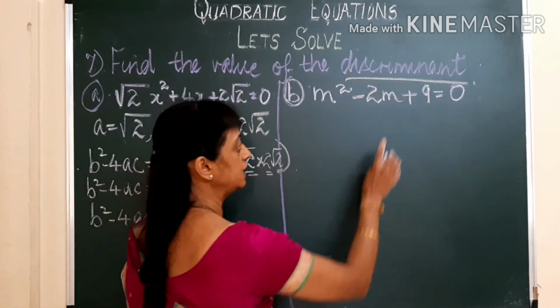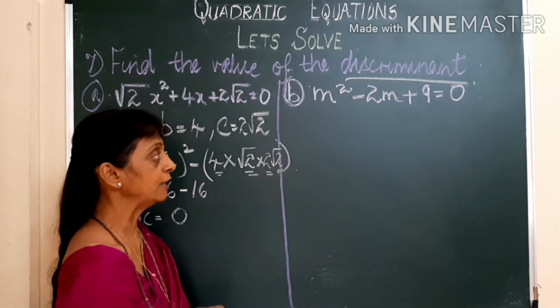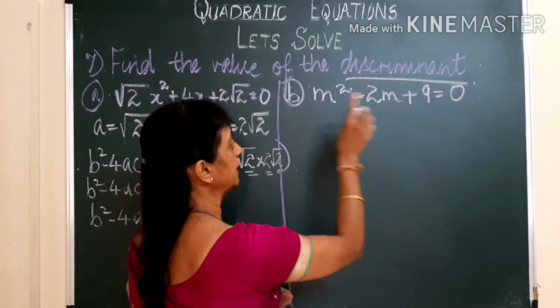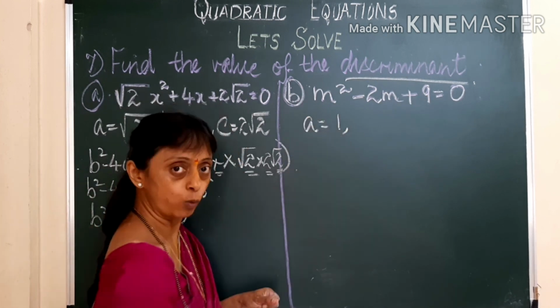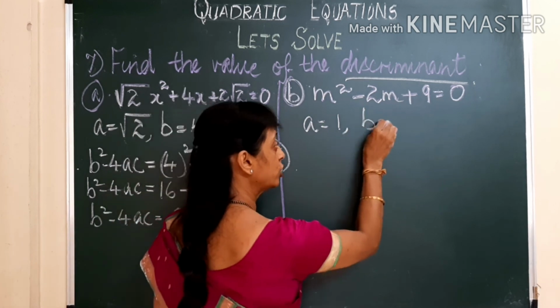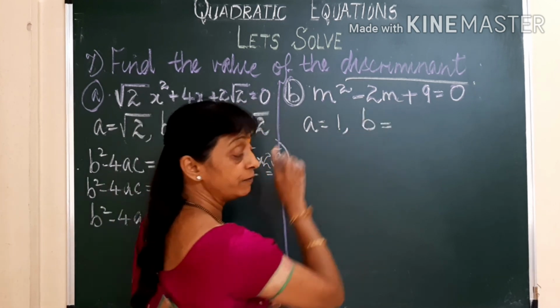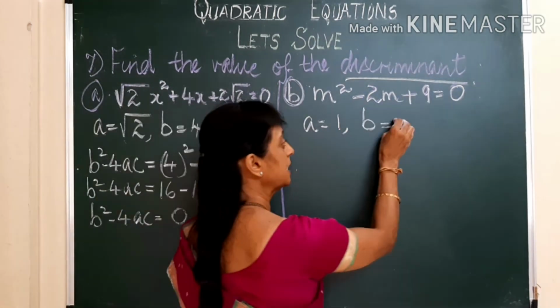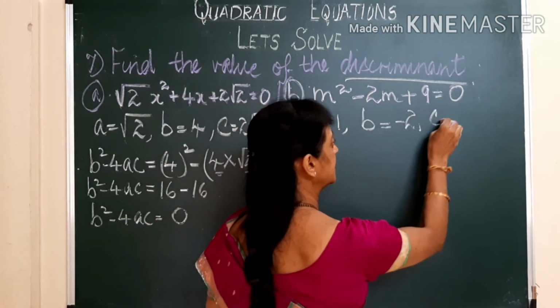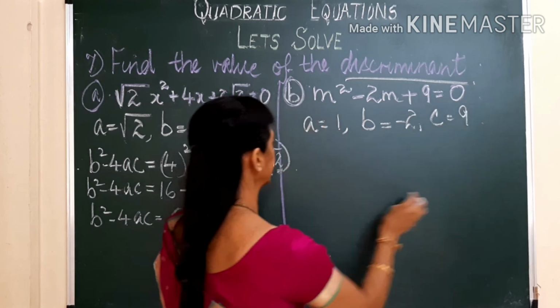Again over here, first we will have to jot down the values of a, b, c. Over here there is no coefficient, so value of a is taken as 1. Value of b, children, over here, what will we write? It will be along with the sign before it. So it is minus 2 and c is equal to 9.